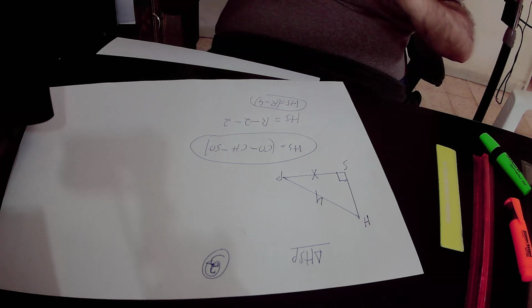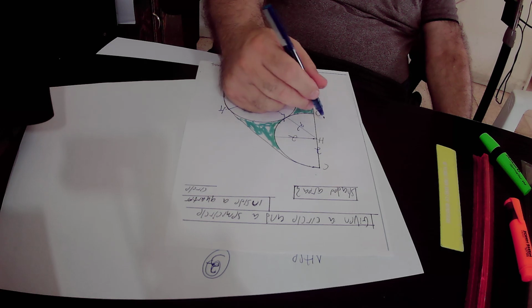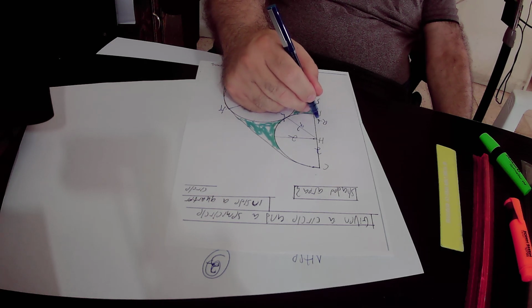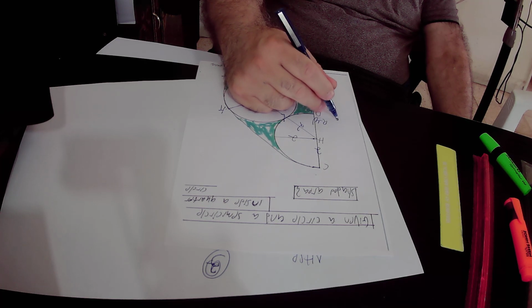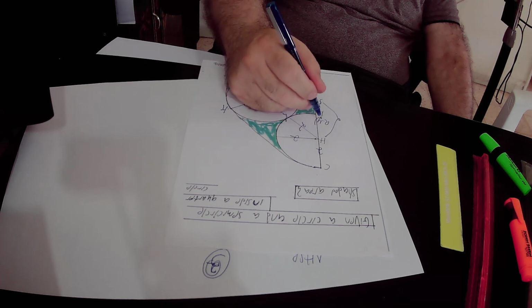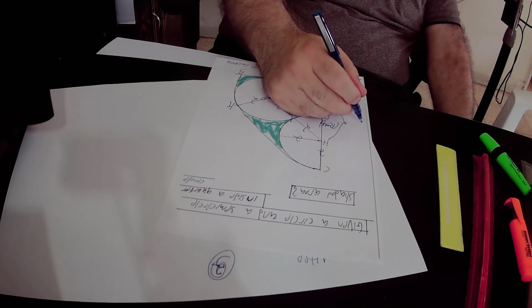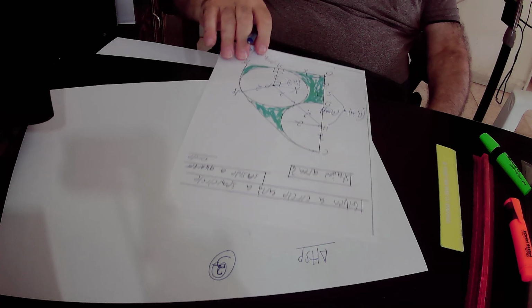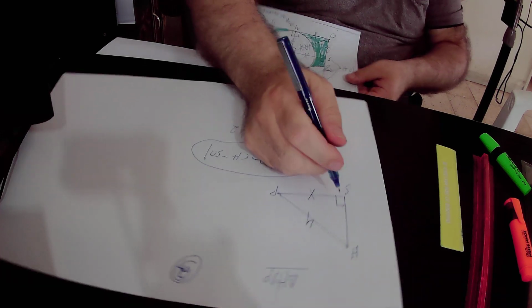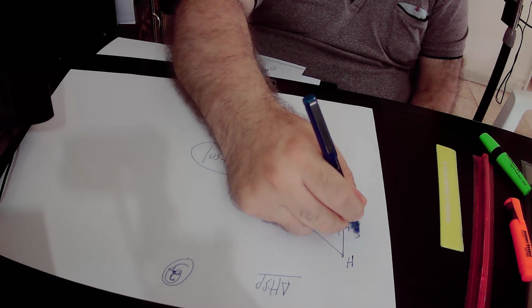HS equals capital R minus 4. Okay, so you can write here that HS equals capital R minus 4.